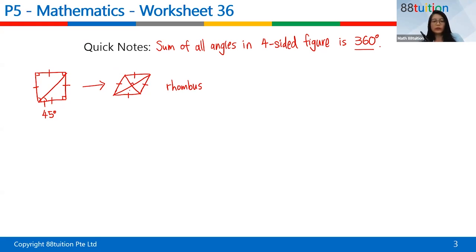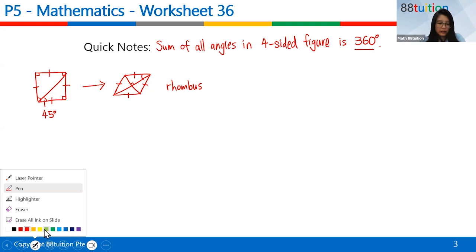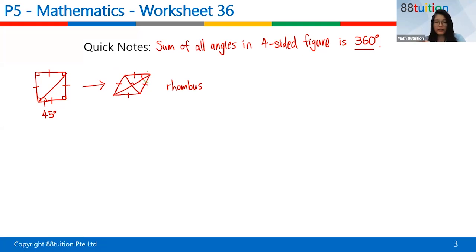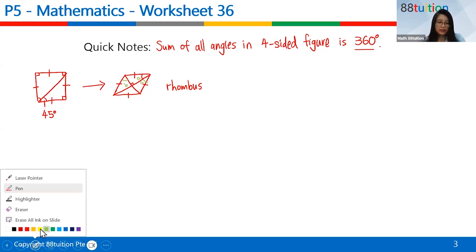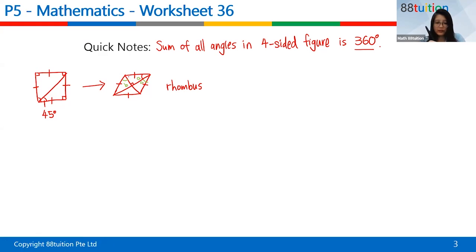That's not the main thing, usually they don't test you on this. What you have to do is this angle, and maybe I change to another color, and this color, these two are actually the same. Same thing, this is B. This is B. So these two are the same, these two are the same.